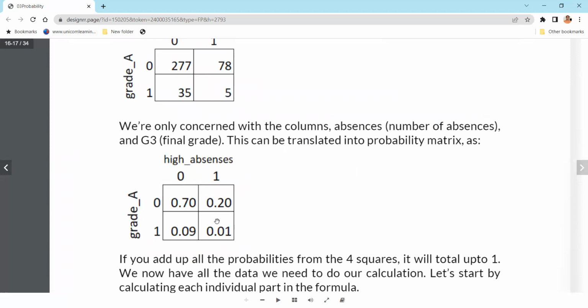It is the probability of getting grade A and also having high absentees, 0.01. The probability of someone who attends the class regularly but does not get grade A is 0.7.